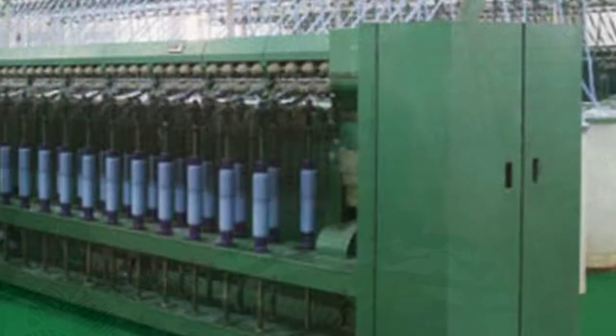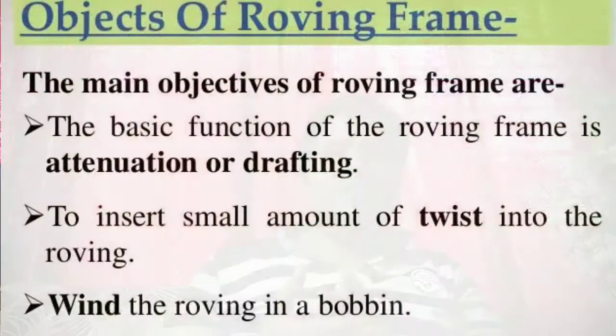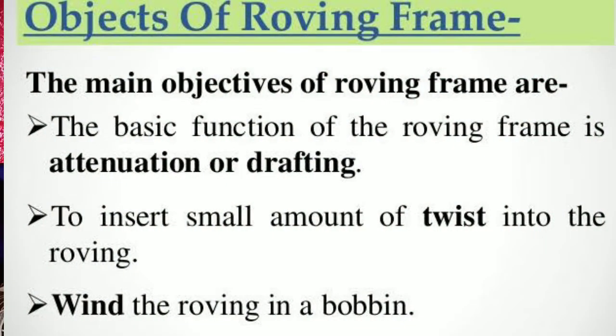Next, we will be talking about the speed frame or roving frame section. If we talk about the roving frame machine, the sliver which we get from the draw frame, we insert from the back side in the speed frame machine, and we get a package which is quite a bigger package.